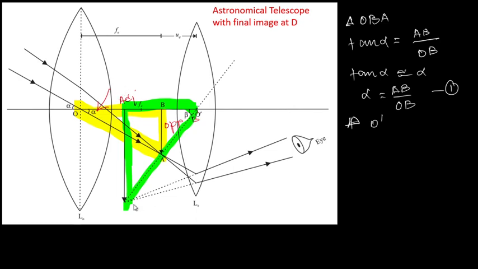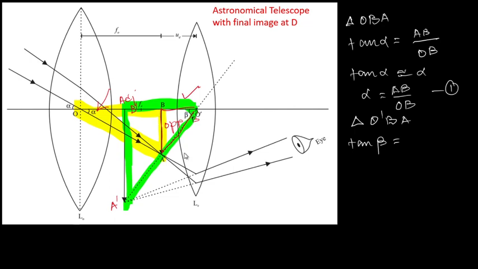Okay, so this is A dash and this is B dash. And you can also consider this smaller triangle, that is triangle O dash B A, where tan beta is equal to, this is opposite and this is adjacent.